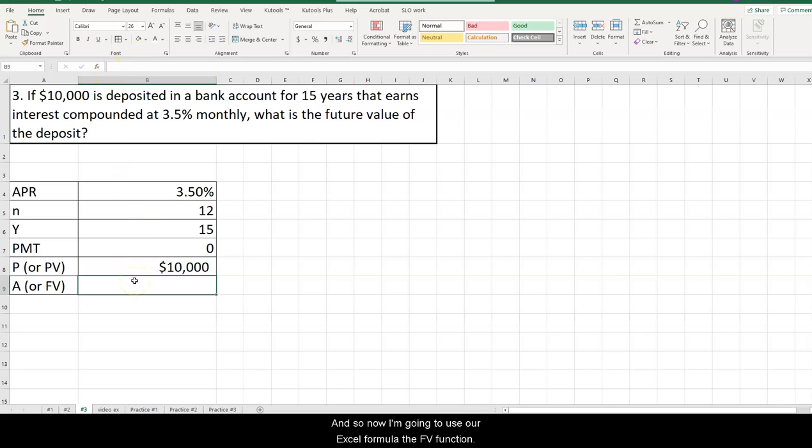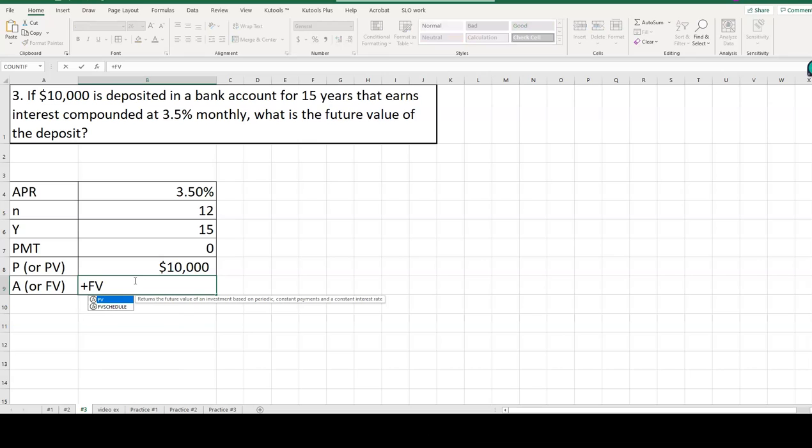And so now I'm going to use our Excel formula, the FV function. Equals FV, parentheses. I'll go back to doing cell references for this one.